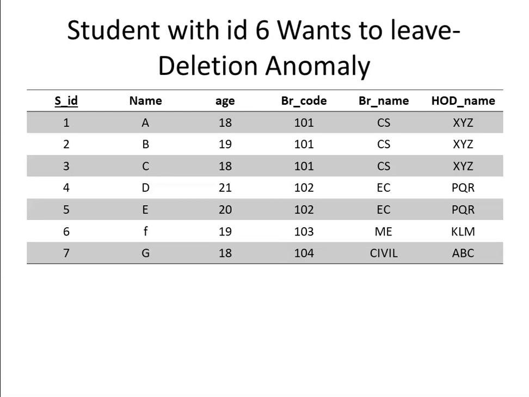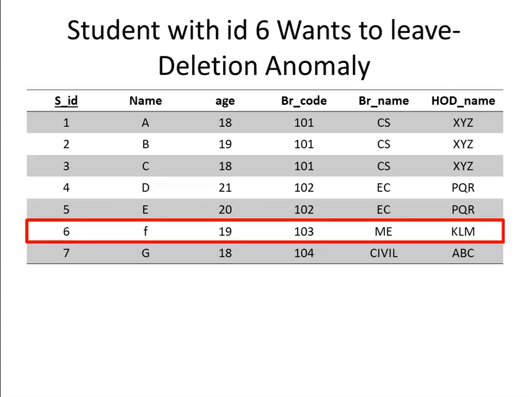Now what is deletion anomaly? Look at tuple number 6. Student ID is 6, name is F, age is 19, branch code 103, branch name is ME, mechanical engineering, and HOD name is KLM. Let's say the student wants to leave the college, so there's no point in storing information about this student.